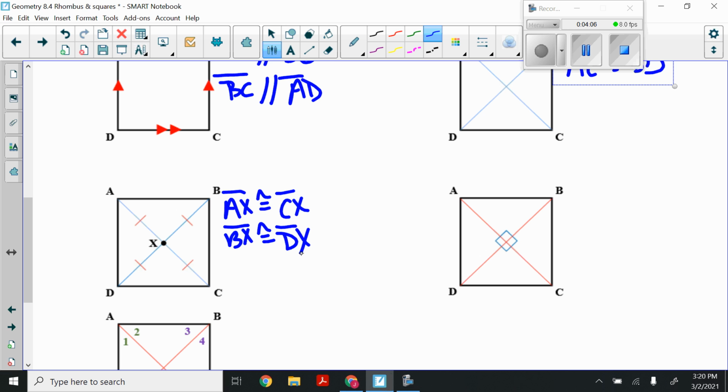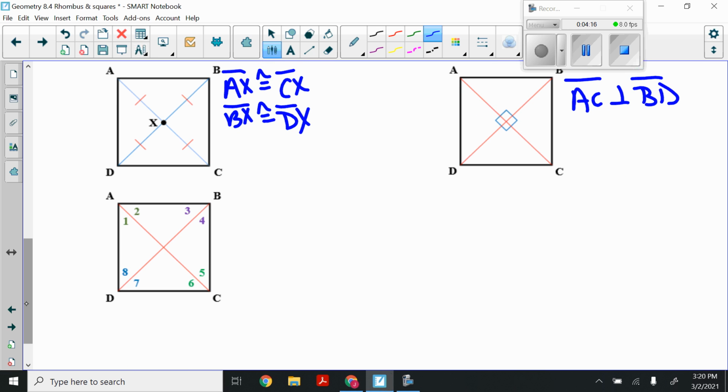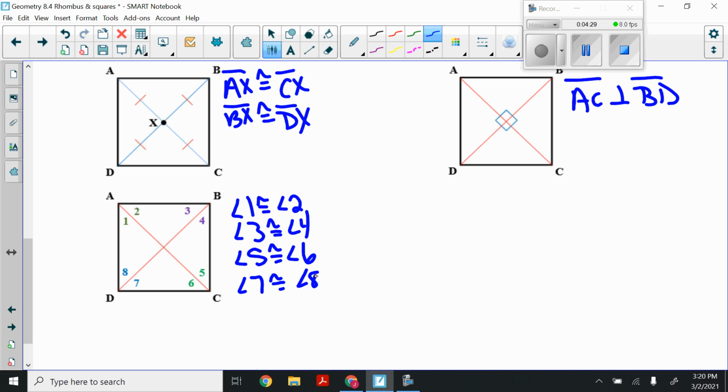But we also know that in the rhombus, the diagonals are perpendicular. So then we also know that AC is perpendicular to BD, and that the diagonals bisect those angles. So angle 1 congruent to angle 2, angle 3 congruent to angle 4, angle 5 congruent to angle 6, angle 7 congruent to angle 8.